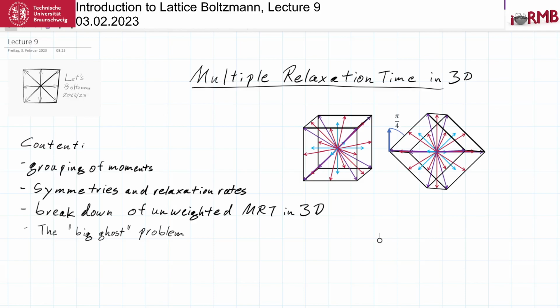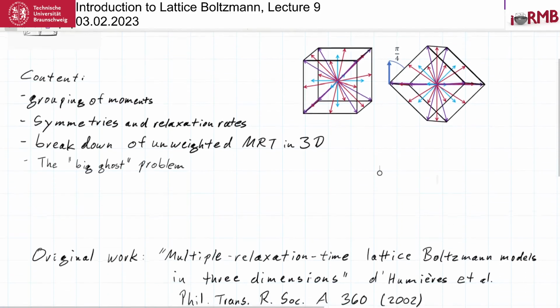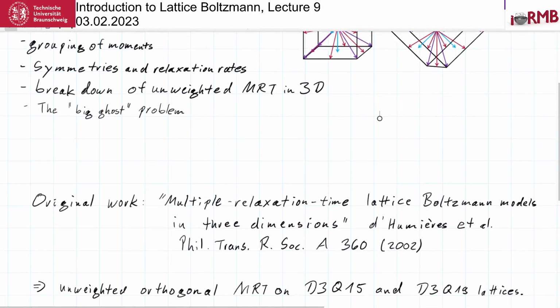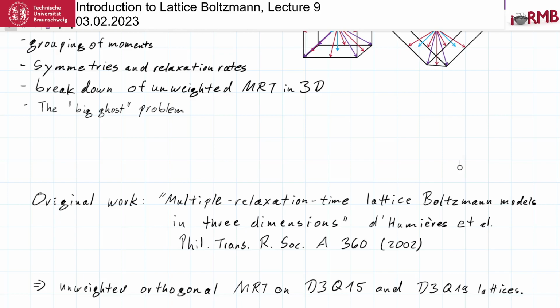So now today we have a little bit of an advanced lecture, but it's pretty important. I mean, I think you want to become scientists. So there is original work on exactly that topic, multiple relaxation time lattice Boltzmann models in 3 dimensions by d'Humières et al. in the Philosophical Transactions of the Royal Society in 2002.